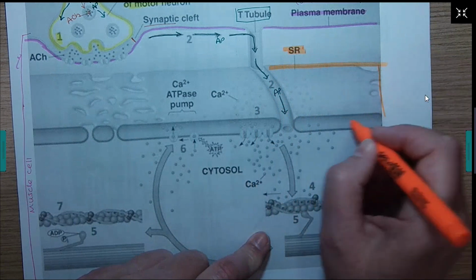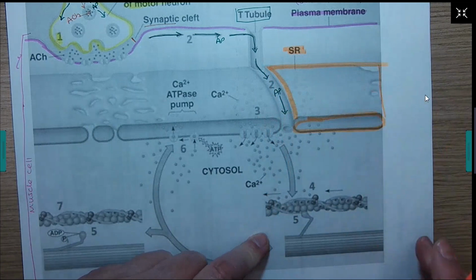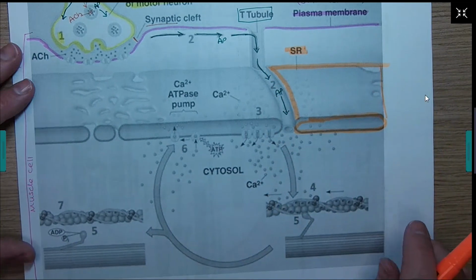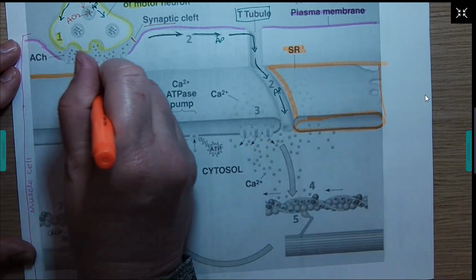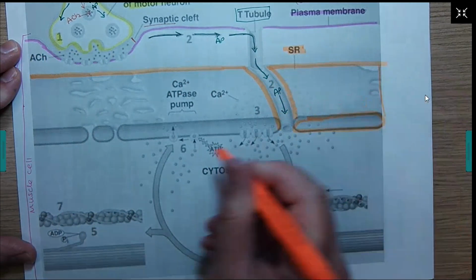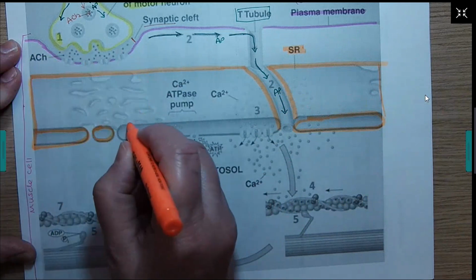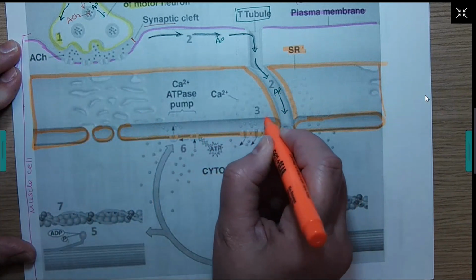So this is your sarcoplasmic reticulum. It looks kind of different, so it's hard to see. I'm highlighting it here so you can tell where that organelle is. It's hard to see in a black and white picture, so that's why I'm doing it this way.